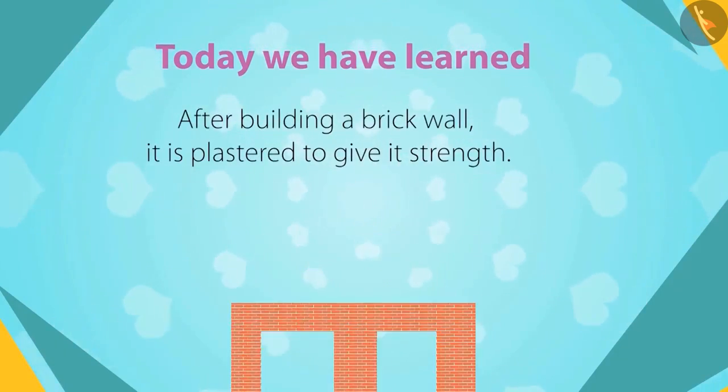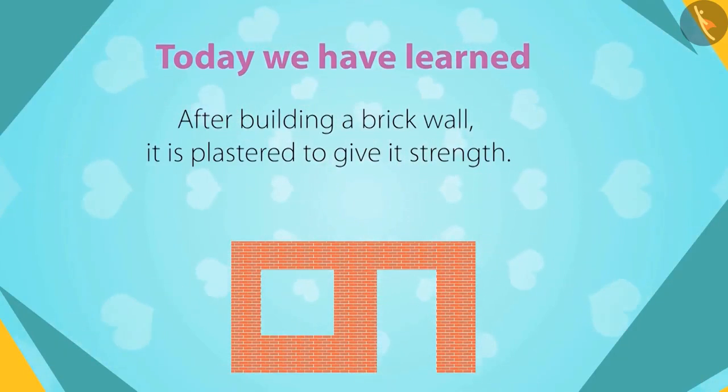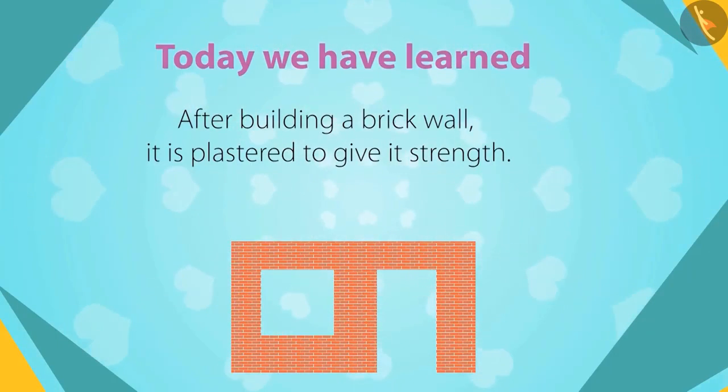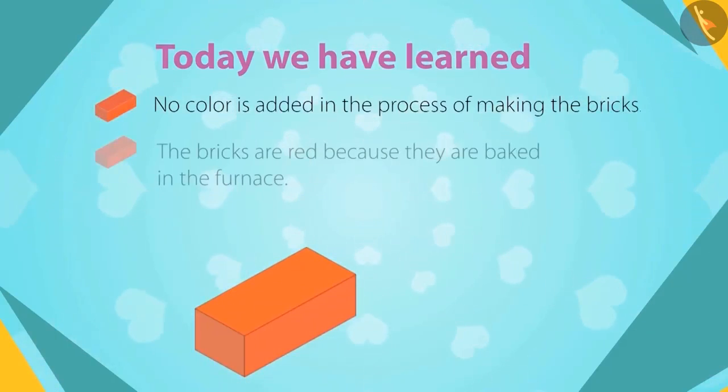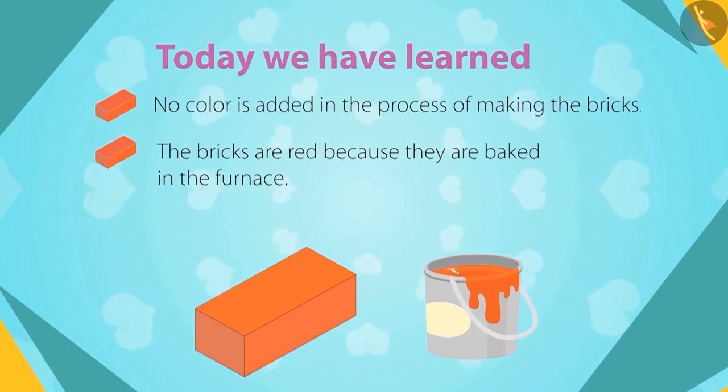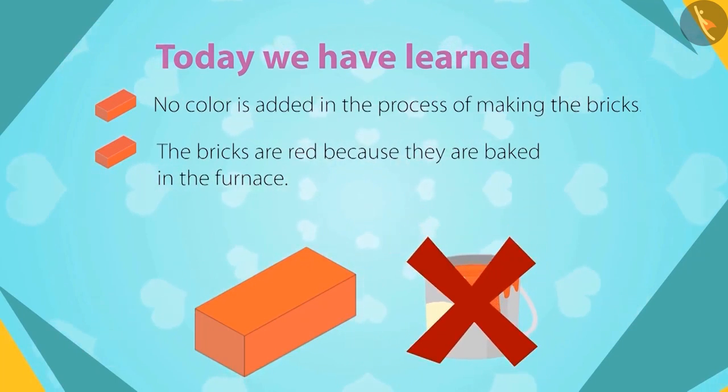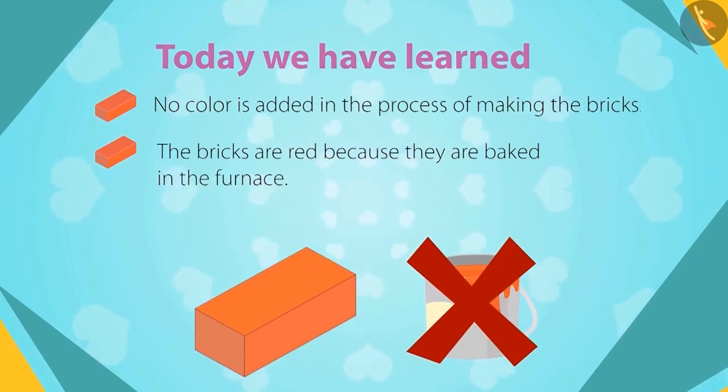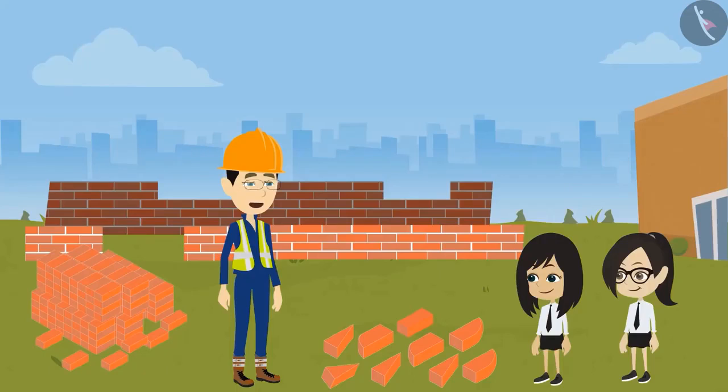After building a brick wall, the wall is plastered to give it strength. No color is added in the process of making the bricks. The bricks are red because they are baked in the furnace. Very good, Neha and Vandana. Now I think both of you know everything about bricks.